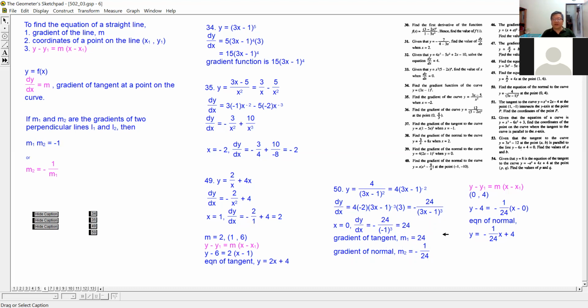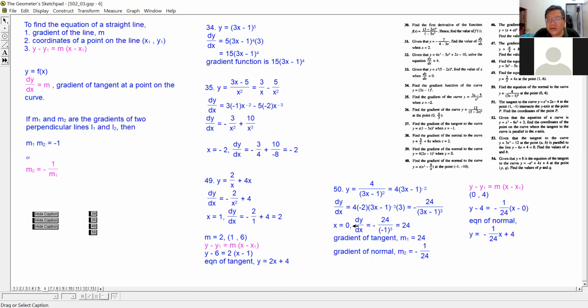Unless you substitute numbers inside this gradient function, you cannot find the gradient. So I substitute the number. What's the number for x? The point is (0, 4), so the number is 0.